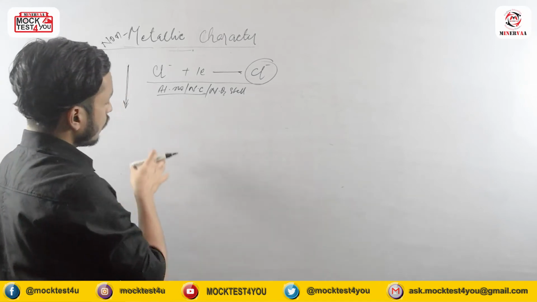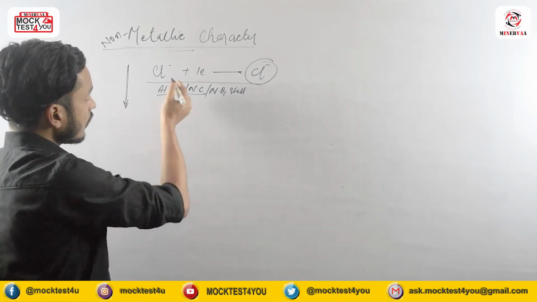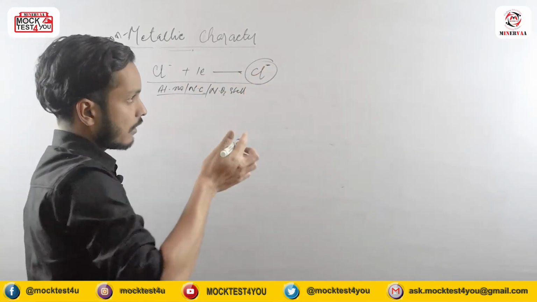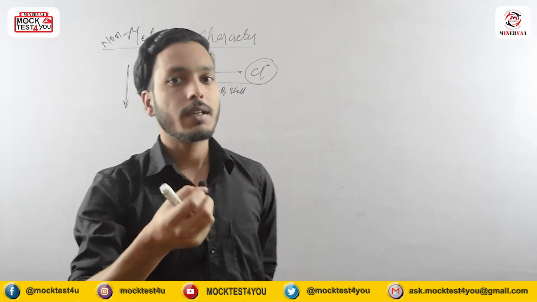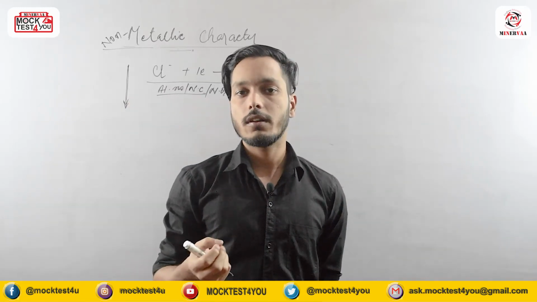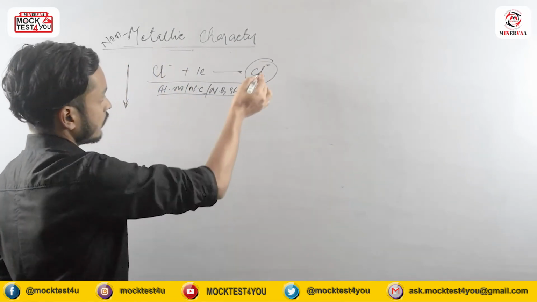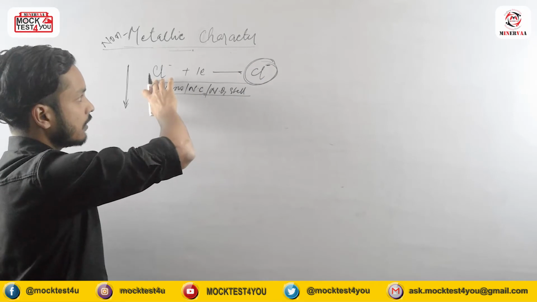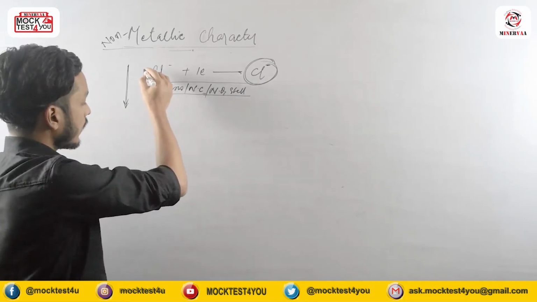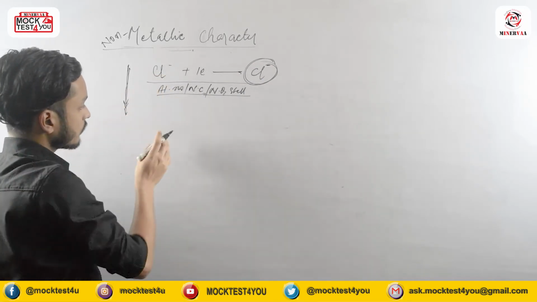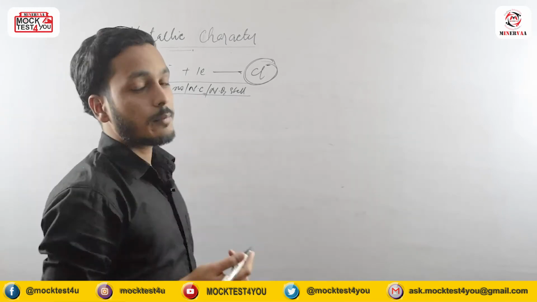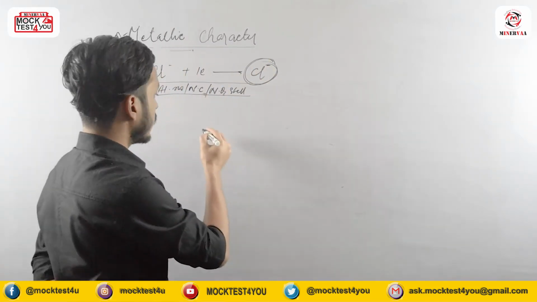So at that time what will happen, you see, a non-metallic character is what? If anyone is accepting an electron very easily, then they are good non-metals, right? But as you move down the group, why will they accept an electron?